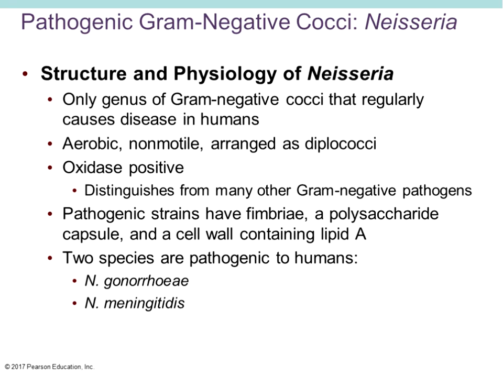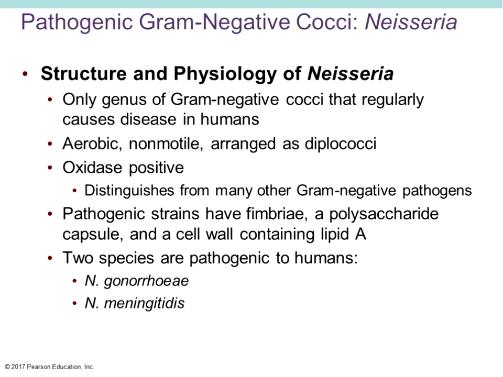The first one that we're talking about is the pathogenic gram-negative cocci, Neisseria. Neisseria is the only genus of gram-negative cocci that very commonly causes disease in humans. It's placed in a class called Betaproteobacteria, in the phylum Proteobacteria. It's really similar to Moraxella and Acinetobacter bacteria, but it's not exactly the same.